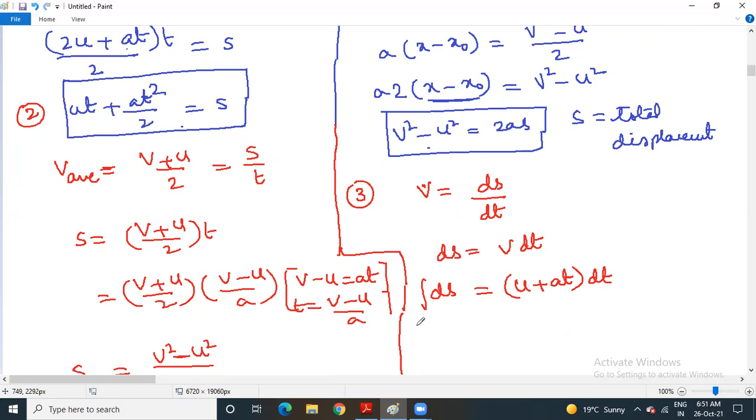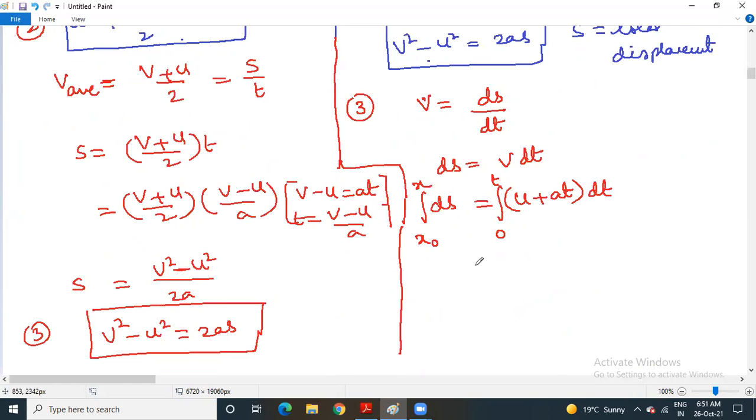So the initial position is x naught from the reference, and the final position is x. Here also, integration: x naught at 0 seconds, x at t seconds. So remember, the integration of ds is just s, with x naught and x as the lower and upper limits.